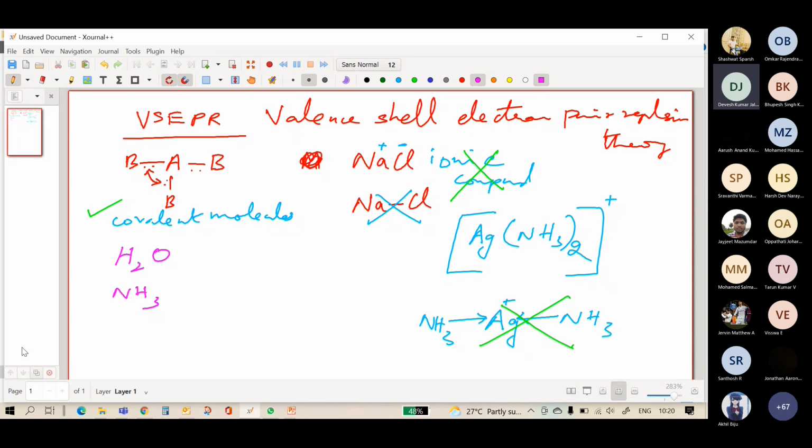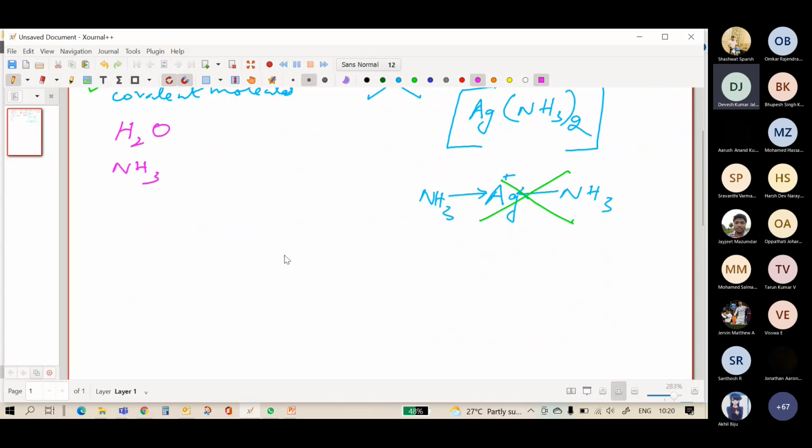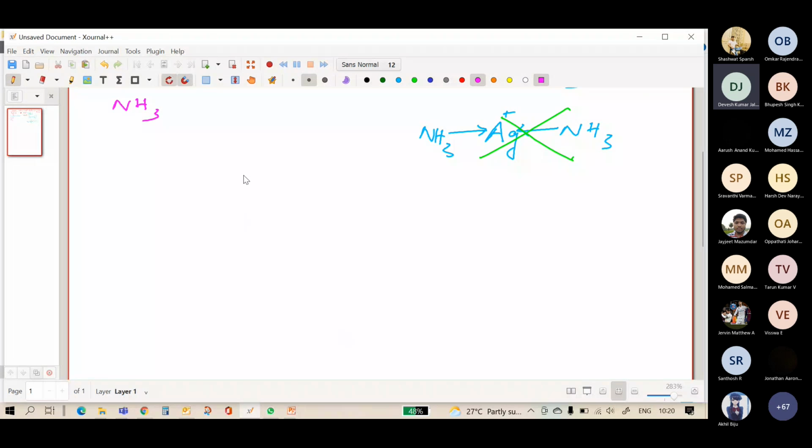I don't know if you have ever studied the formation of the hydrogen molecule, a single bond. There's a sharing of two electrons between these two, and there's this very popular potential energy graph you might have studied in your lower classes. So this is the potential energy, in increasing order, and this is the distance between them. Have you guys studied this?